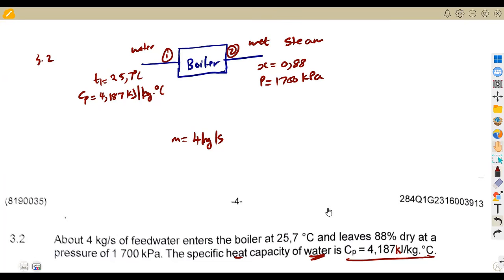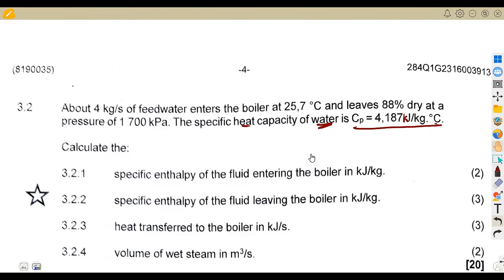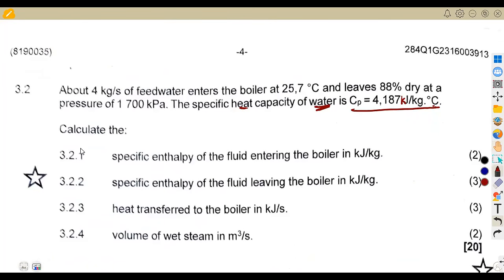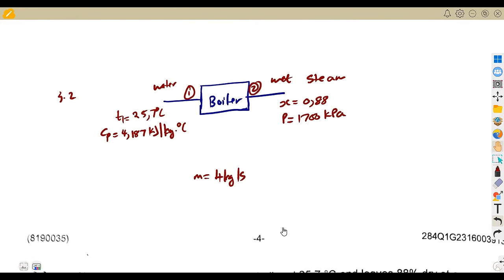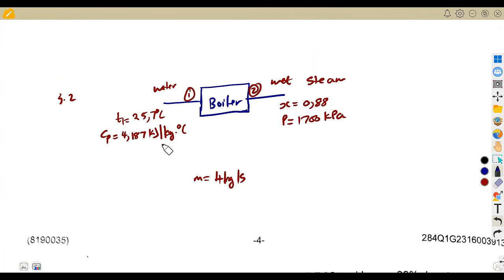Let us see what the questions were. 3.1, calculate the specific enthalpy of the fluid entering the boiler in kilojoule per kg. The fluid entering is water. So the specific enthalpy is going to be the product of the specific heat capacity and the temperature of water, in order for us to have our answer in kilojoule per kg.